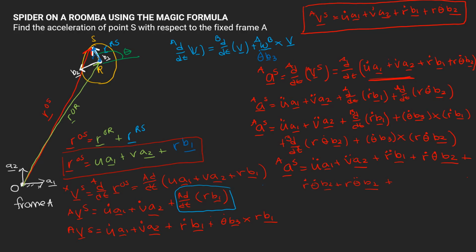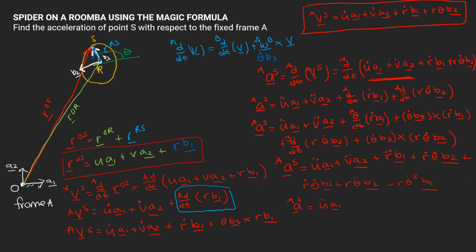And then again we can factor this out here. So we have r theta dot squared, and then the cross product between b3 and b2, and actually that's a negative b1. And finally, we can just combine similar terms for the sake of completeness.